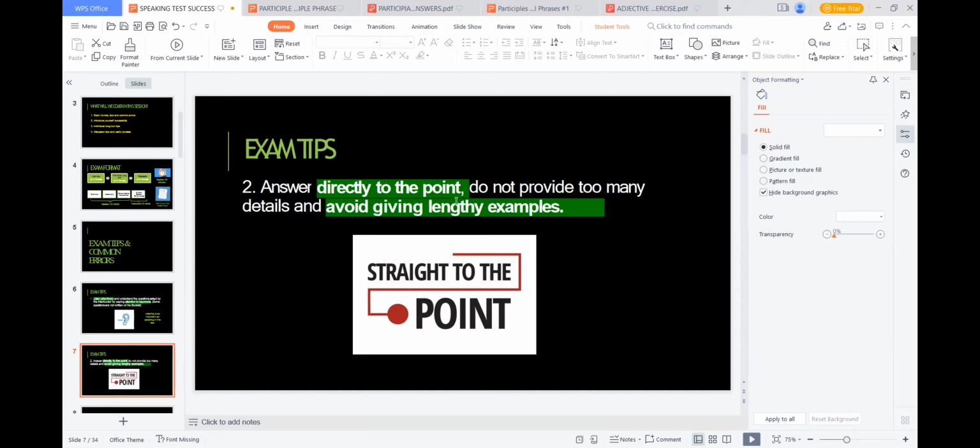So be direct to the point and also avoid giving lengthy examples, meaning you give examples not so related to the point, or sometimes they're just too detailed, just too long. But you need to elaborate. From my past years of experience as an examiner, I noticed that the majority of our students are not able to give lengthy examples.